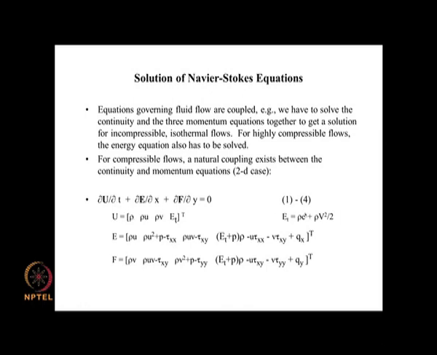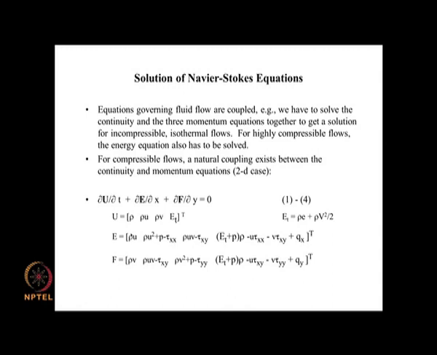So, this is a set of 4 equations representing the continuity equation, the x momentum conservation, y momentum conservation and the energy conservation equation. So, for each of those equations, the U term takes 4 different values, similarly E takes 4 different values, and in that sense this is written in a vector form.